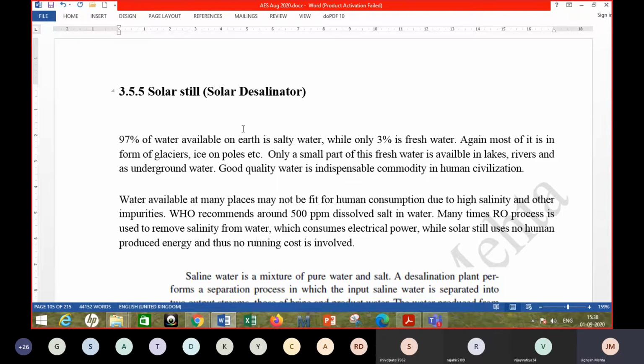The availability of fresh water or sweet water on earth is limited, and in many areas the salt ppm are so high that it should not be consumed directly. WHO recommends around 500 ppm of dissolved salts in water, and many times the RO process, reverse osmosis process, is used to remove salinity from water.